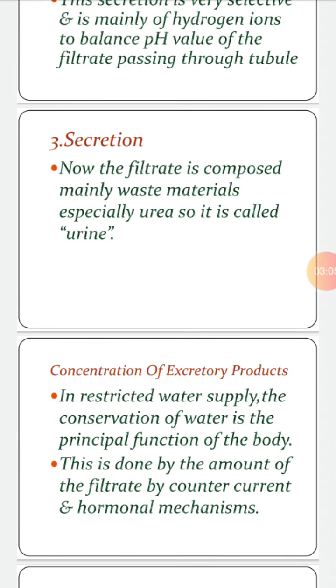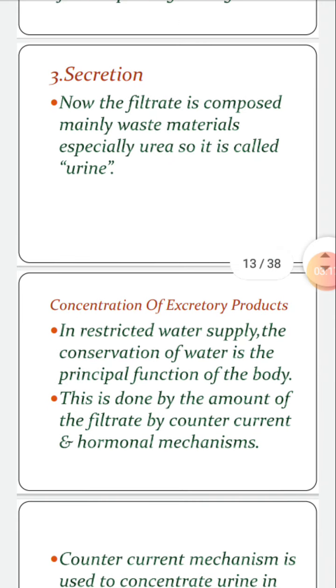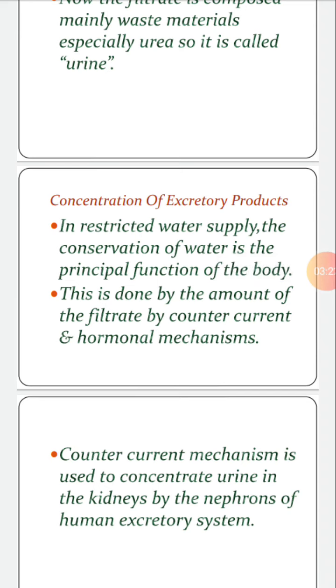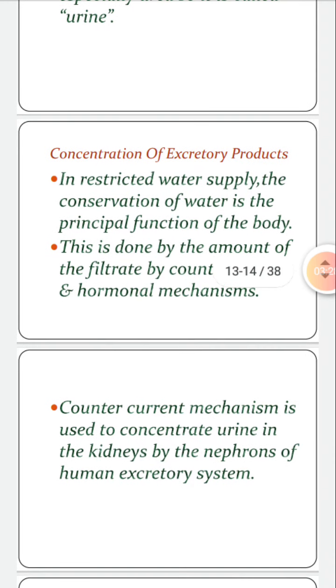Concentration or amounts of excretory products. In restricted or limited water supply, the conservation or saving of water is the principal function of the kidneys or body. This is done by the counter current and hormonal mechanisms. Now, what is counter current mechanism? It is used to concentrate urine in the kidneys by the nephrons of the human excretory system.